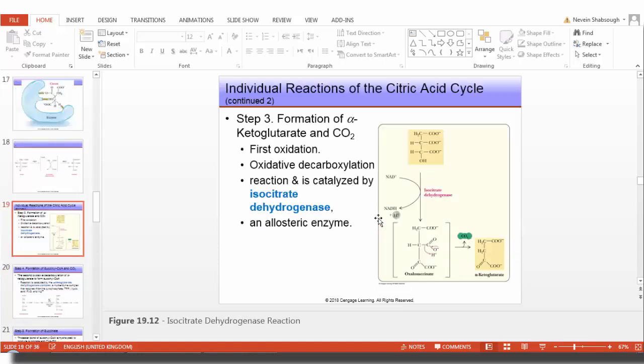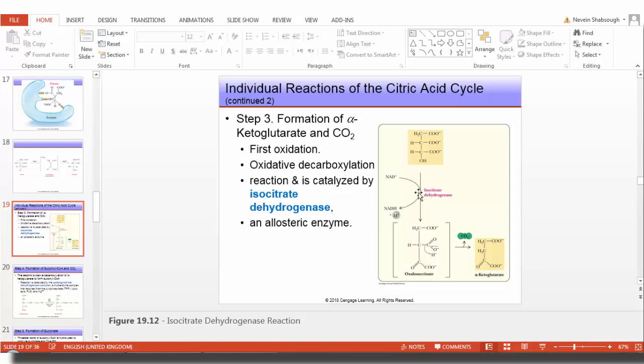Now step 3, formation of alpha-ketoglutarate and CO2. This is known as the first oxidation in the cycle, and because it's accompanied by CO2 removal, it's called oxidative decarboxylation. The reaction is catalyzed by an enzyme called isocitrate dehydrogenase.